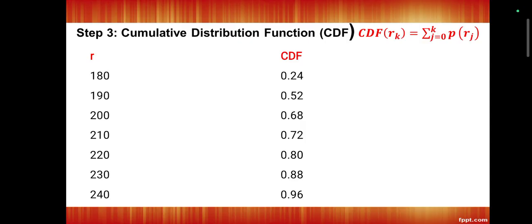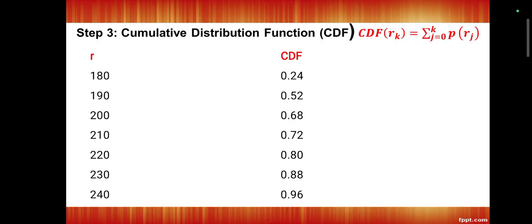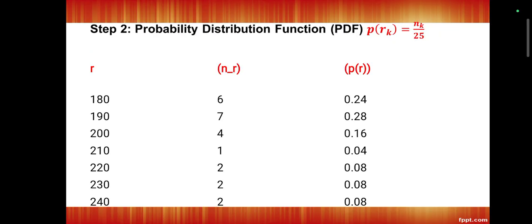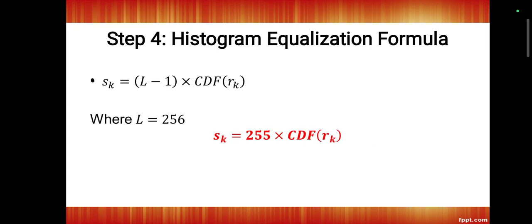So for the next one, 0.28, both are added, that is 0.24 and 0.28 will be added, so it will be 0.52. Then 0.52 and 0.16 will be added, that is 0.68. Similarly all the values are added and the CDF is calculated.